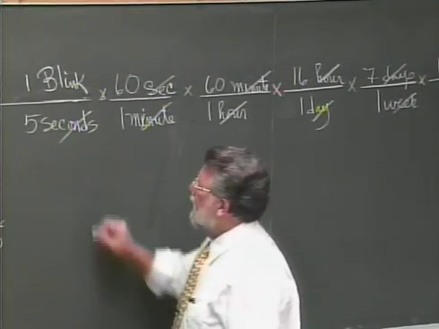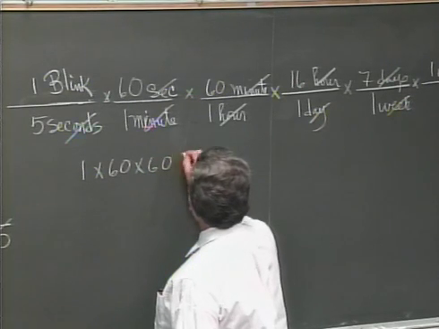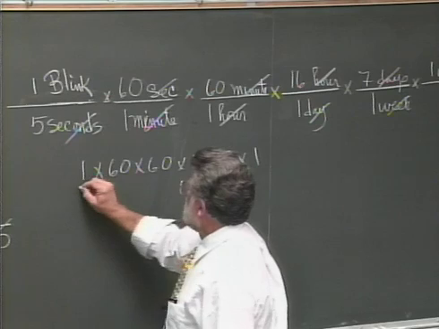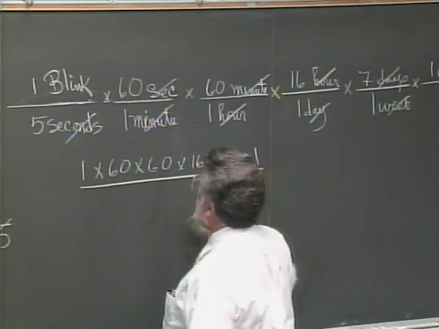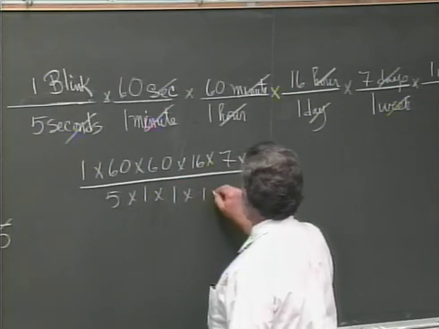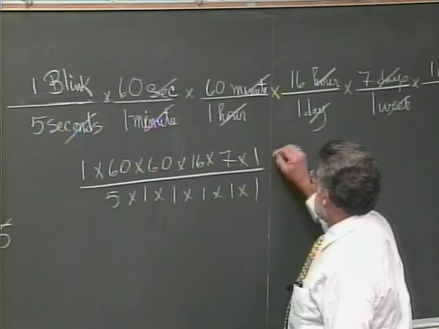There we go. I have 1 times 60 times 60 times 16 times 7 times 1 over 5 times 1 times 1 times 1 times 1 times 1. And this is blinks.